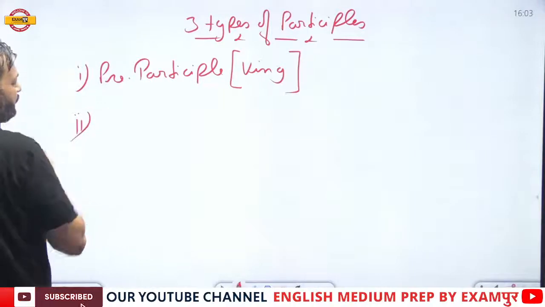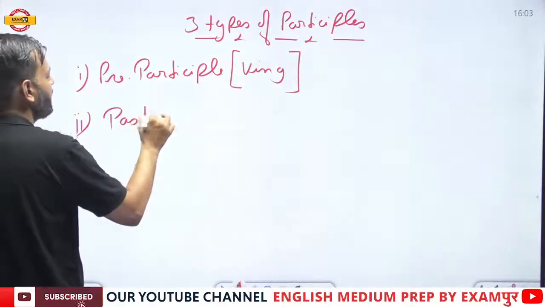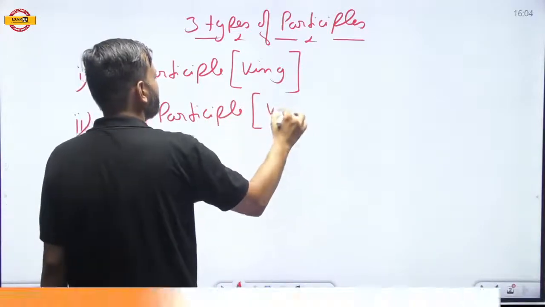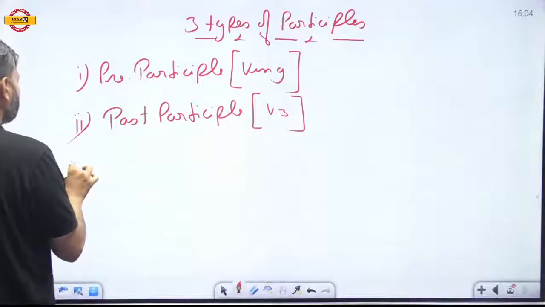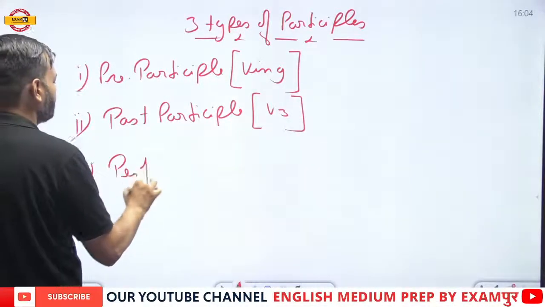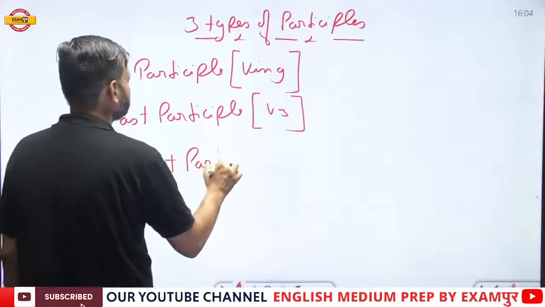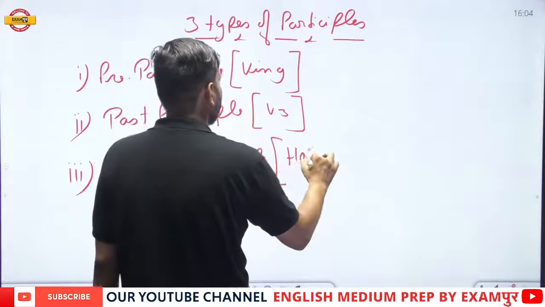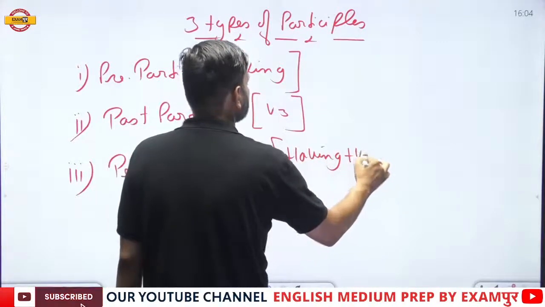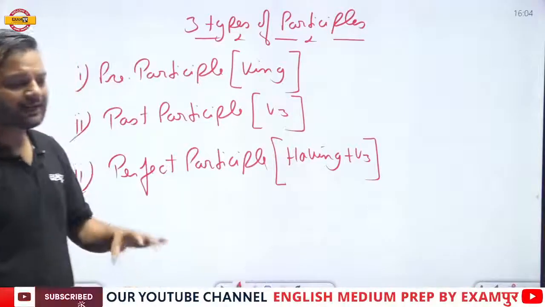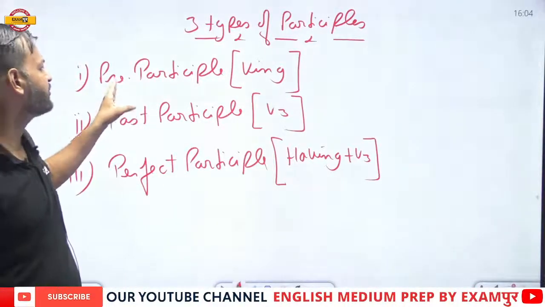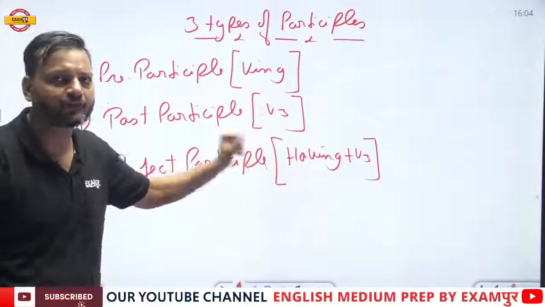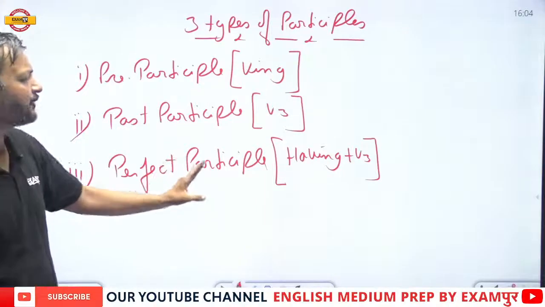The second is the past participle, which is the third form of verb, and the third is the perfect participle, which is having plus third form.